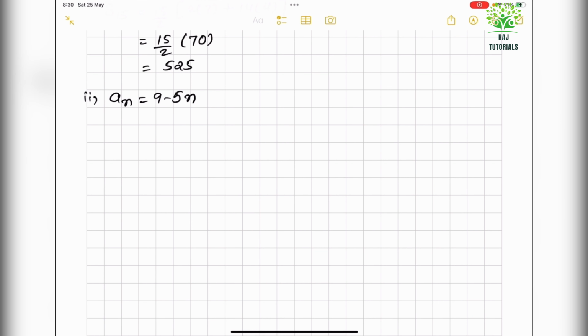Second one says an equal to 9 minus 5n. So again if I find a1, I will have 9 minus 5 into 1.